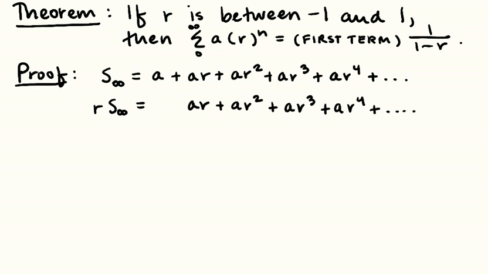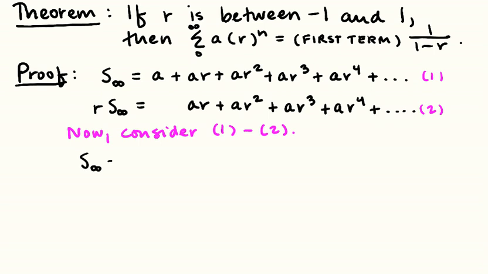And now I'm going to label these as equation 1 and equation 2. And then I'm going to ask you to consider what happens when you take equation 1 minus equation 2. Well, I can do that. That's going to be S sub infinity minus R times S sub infinity, given by, okay, and I'm going to subtract down.